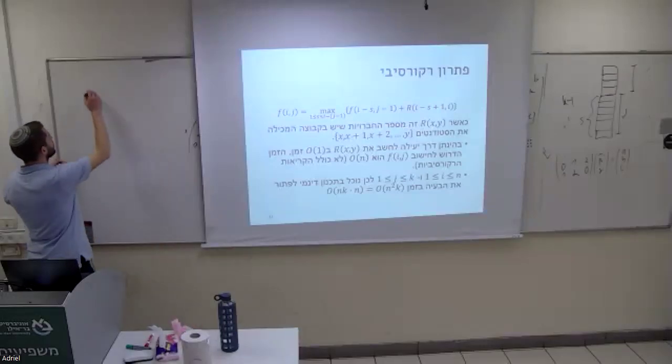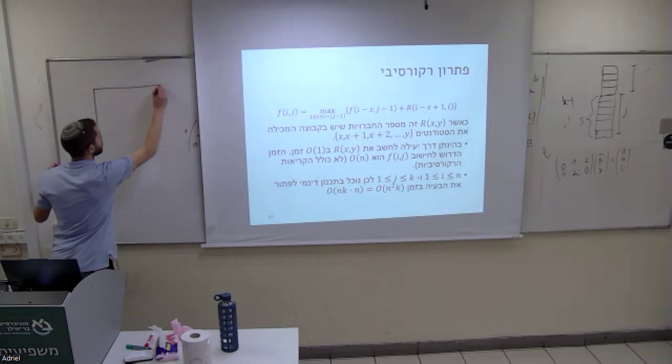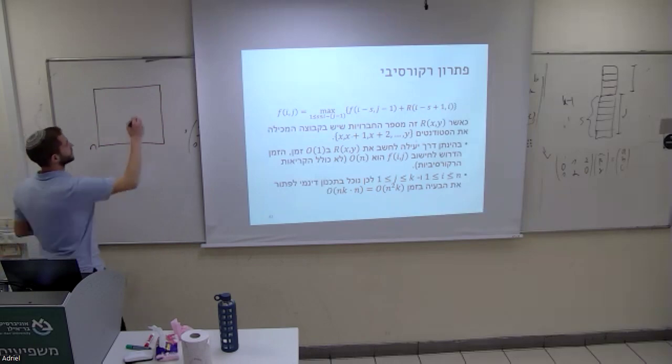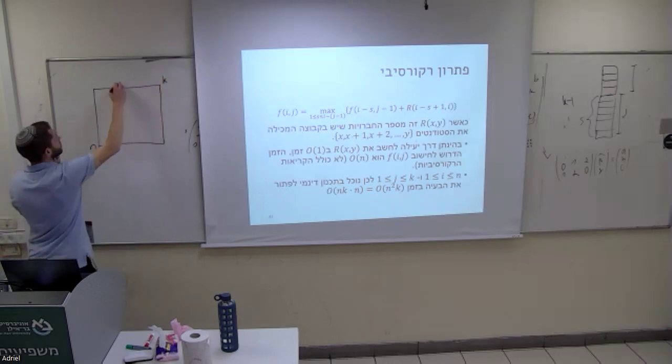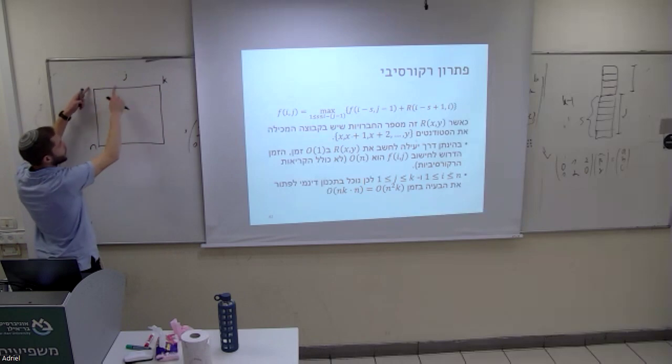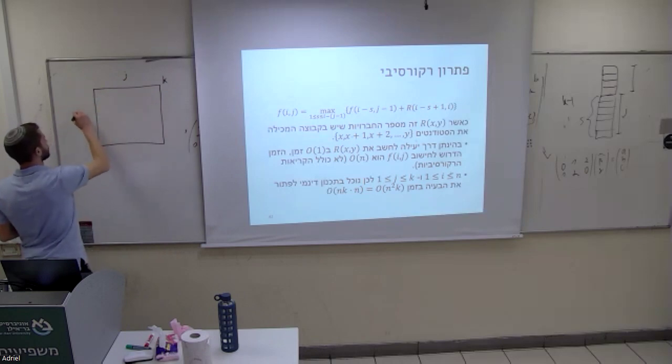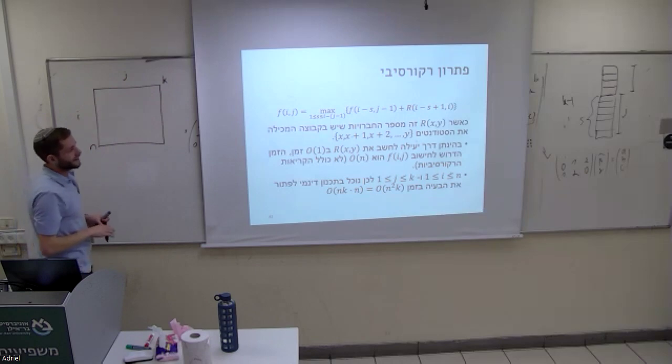So our table will be what dimension? Not n squared, n by K, exactly, where K is the amount of groups. J is between 1 and K, and I is between 1 and n. And now what's our base case?